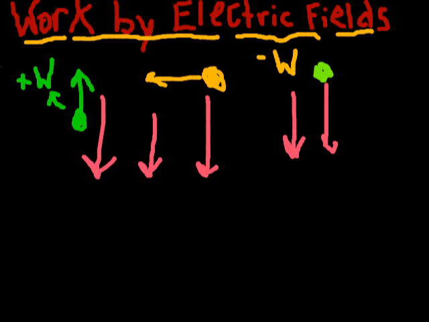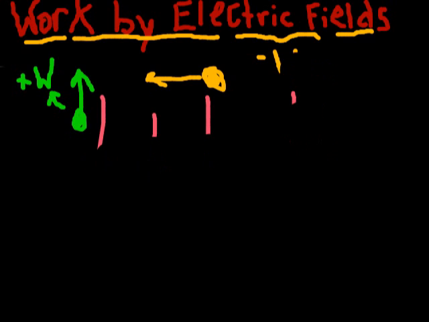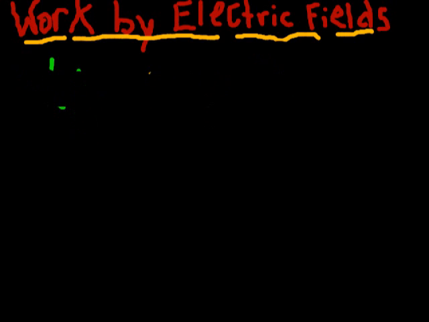So we could erase this. I'm going to make it a little complicated, just a little, not so that you can't understand. Let's say you have a charge. Let's say it's a positive charge. It's important that it's a positive charge.